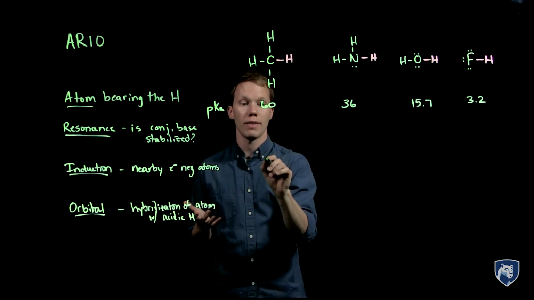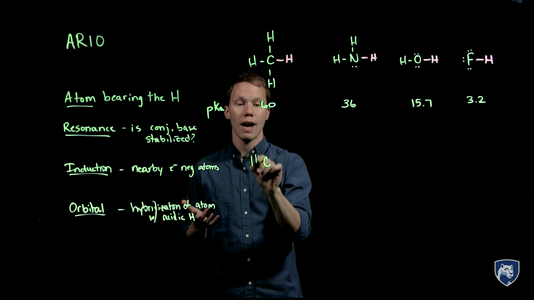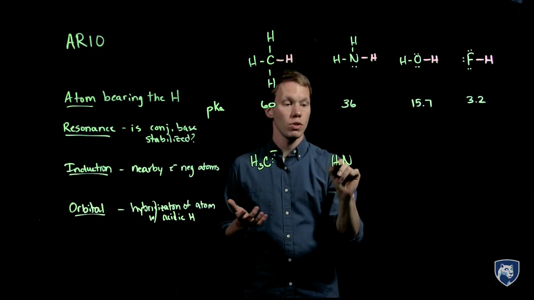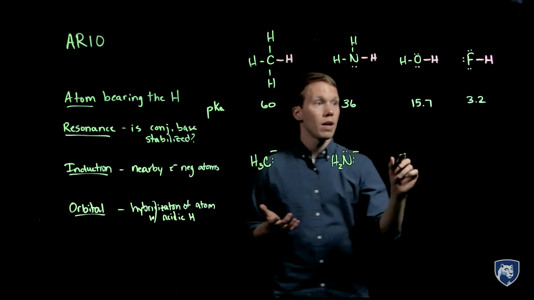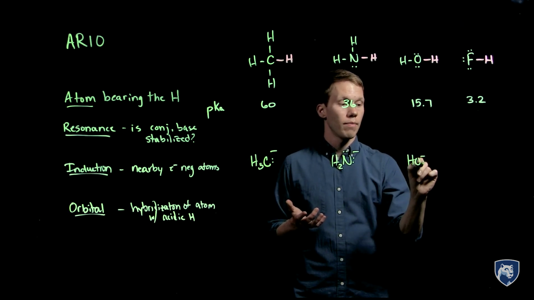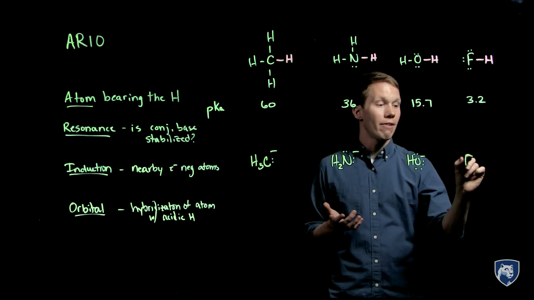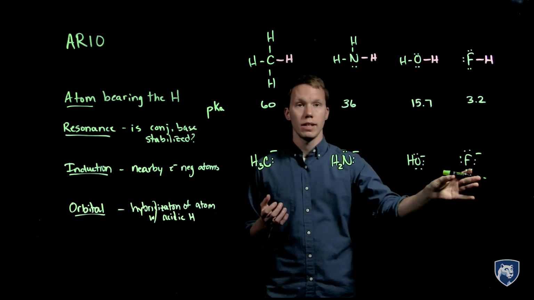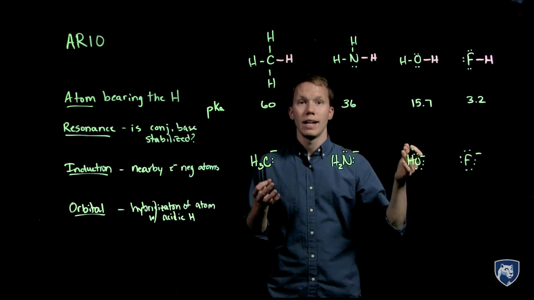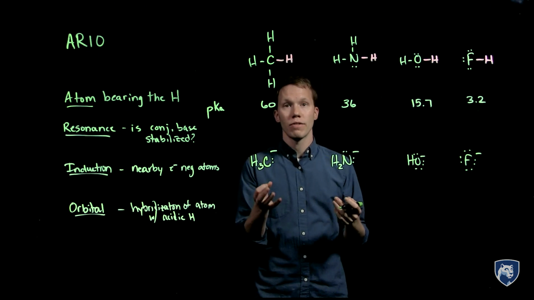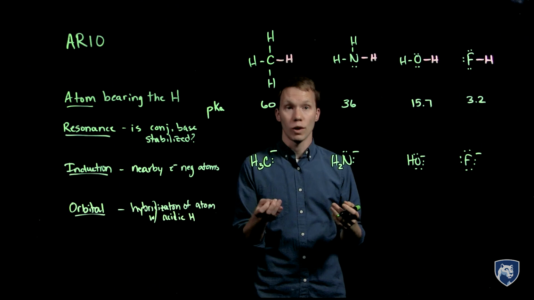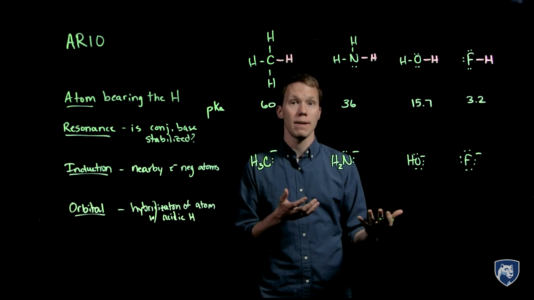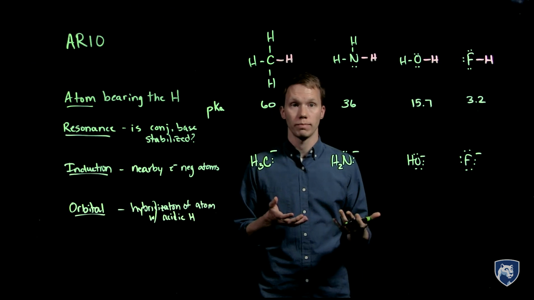So what does that tell me about the conjugate base? So I would end up with CH3 minus, NH2 minus, OH minus, and F minus, right? So if F is the most electronegative, that means, well, electronegativity, first of all, is the affinity of an atom for electrons. So if it has a high electronegativity, it wants those electrons more.